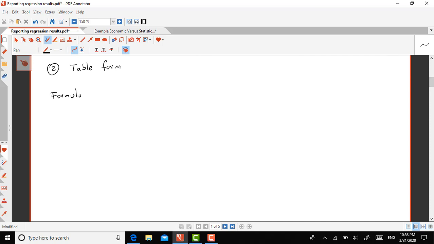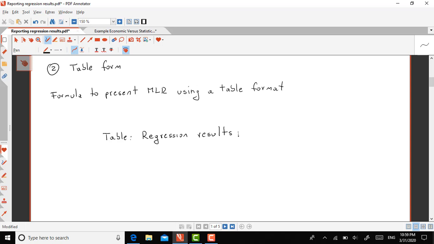So this is the formula to present multiple linear regression results using a table format. Okay, so first, always you need to have a title for the table. You will say regression results, and you can add the name of the dependent variable.